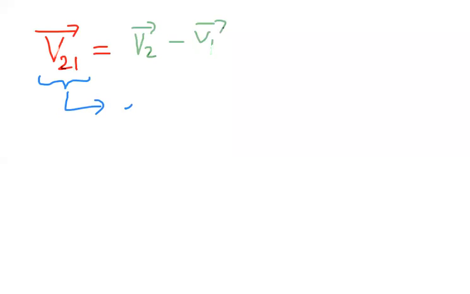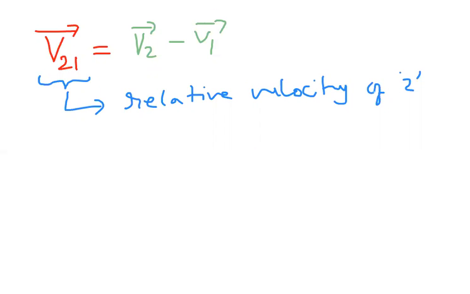This is called relative velocity of 2 with respect to 1. 2 with respect to 1 means we can write like this: V2 bar minus V1 bar. That means how the V2 velocity is there, that is observed by V1. That means V2 is observed by V1.